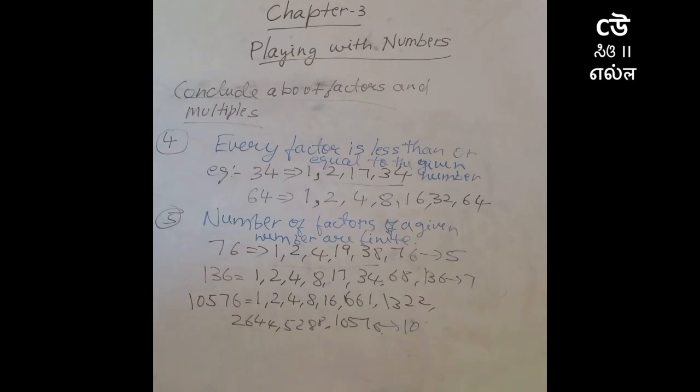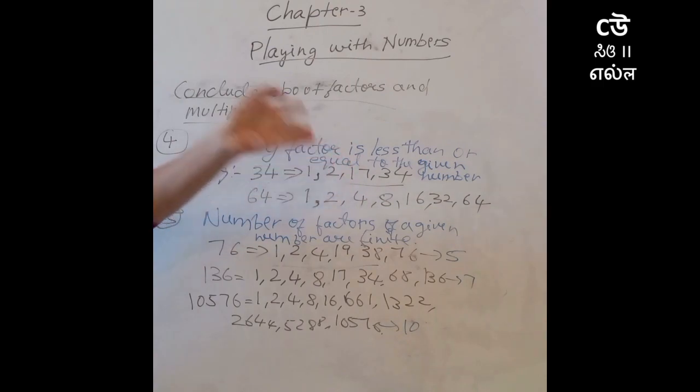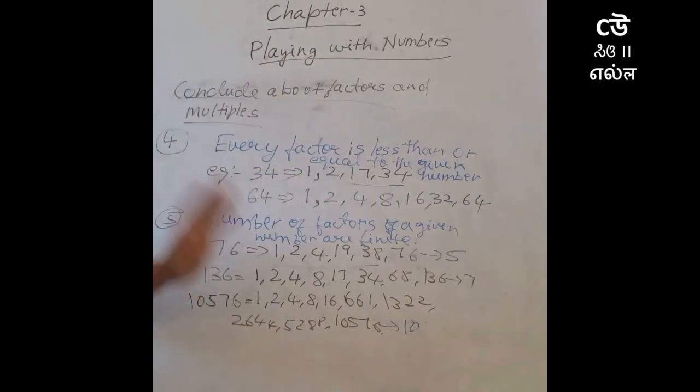In the fourth one, what did we see? We saw that the factors of every number will always be less than or equal to the number. It can't be greater than the number. That is for factors only. Next, for the fifth one, we can tell that the number of factors of a given number is always finite.